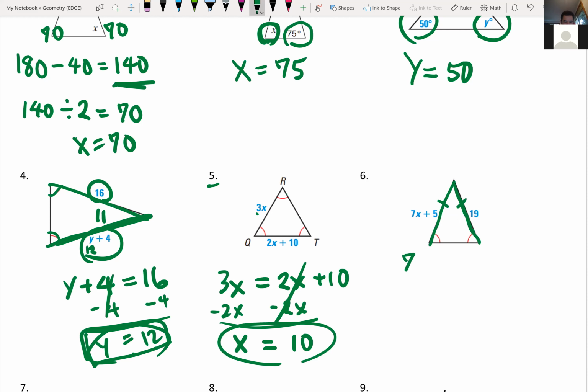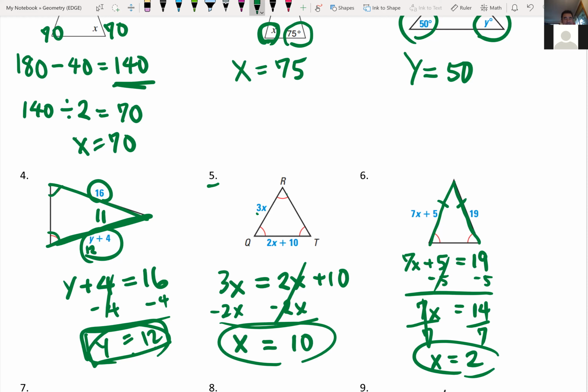So you got 7x plus 5 has to be equal to 19. And then you're going to solve that. Subtract 5, subtract 5. 7x equals 14. Divide by 7. Divide by 7. X equals 2. Okay.